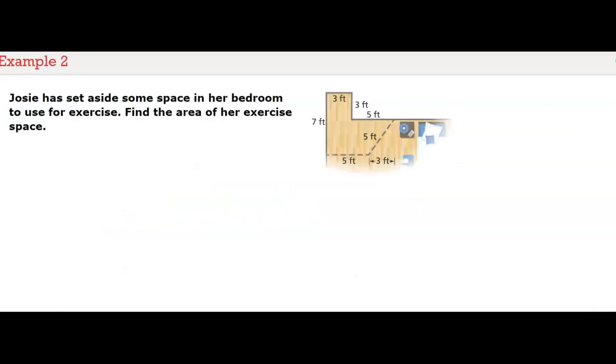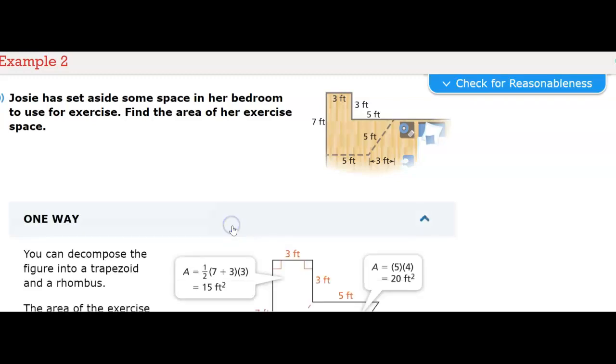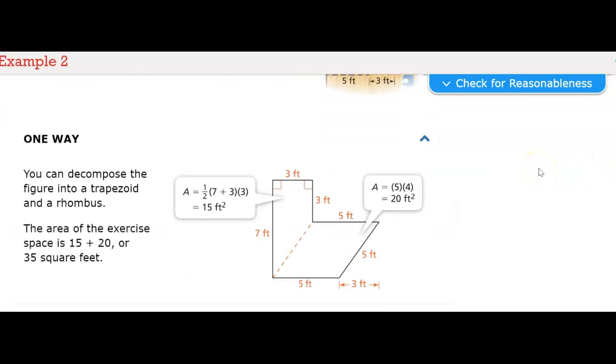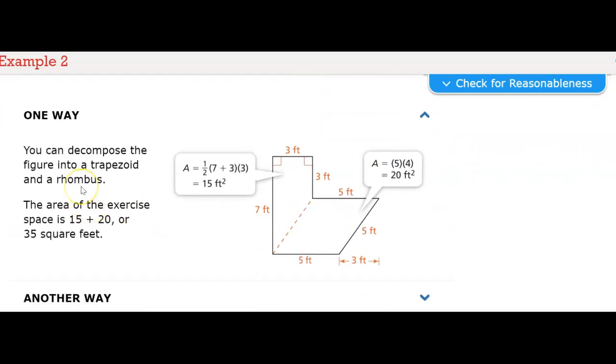Josie has set aside some space in her bedroom to use for exercise. Find the area of her exercise space. One way we can solve this is by taking this bedroom and cutting it up into, or decomposing it into, shapes we know formulas for.